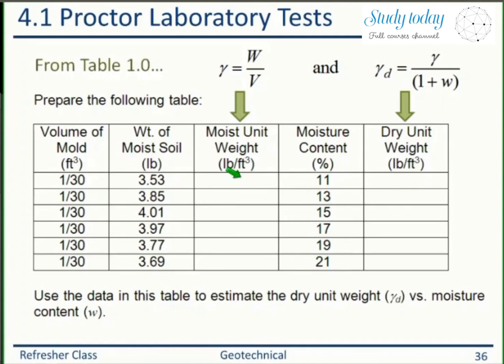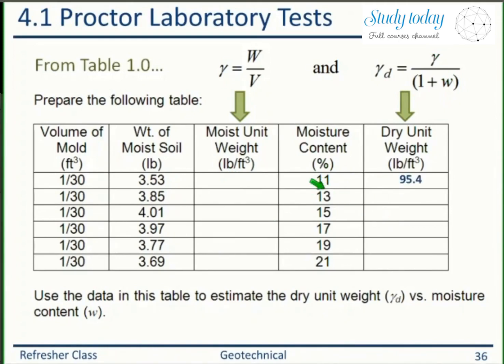Once you know the total unit weight, or the moist unit weight, then gamma D will be calculated by the total unit weight divided by 1 plus the moisture content. This total unit weight you will calculate here, and this moisture content is given here. Therefore, you can calculate the dry unit weight.